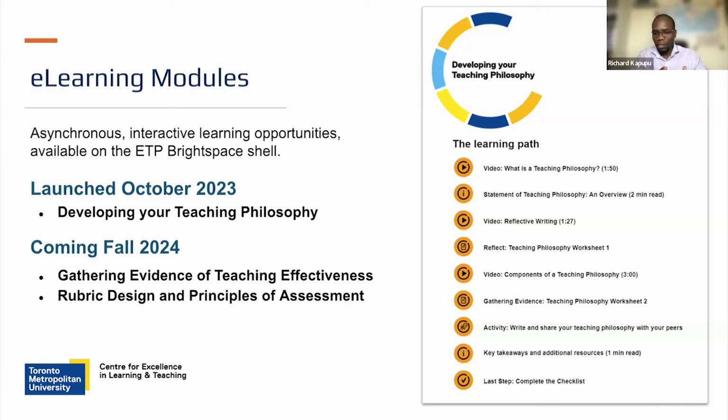All this is to lead towards an activity where you'll actually put together a teaching philosophy that's going to be shared with your peers, and that essentially forms part of your evaluation as to completion of this particular e-module.